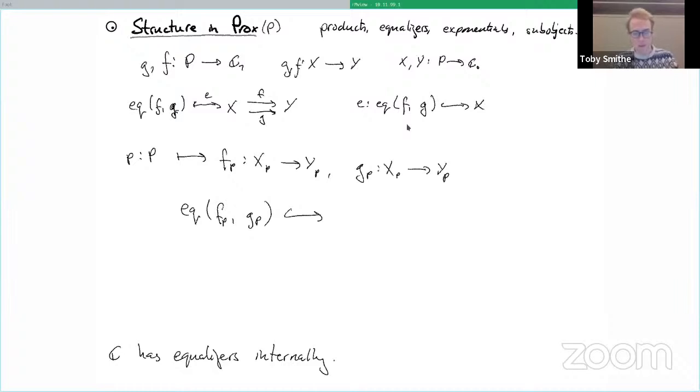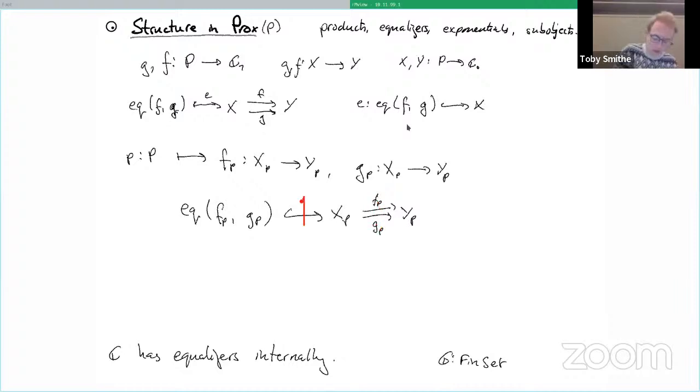Okay. So it has equalizers internally. Yes. So C isn't a Markov category. You're fixing a P, right? Which is like finite sets or something. Right. So I've got finite sets XP and YP, and this is FP, GP.